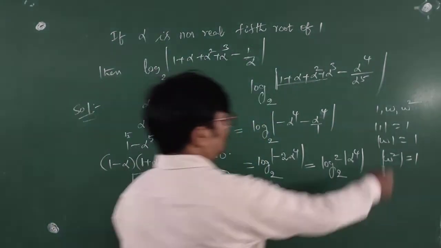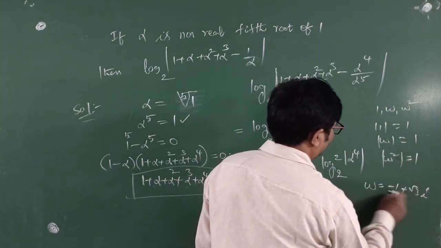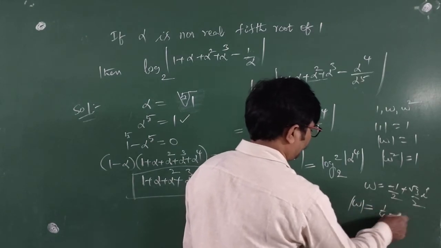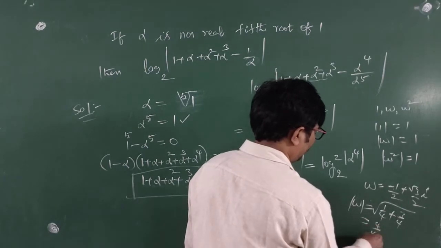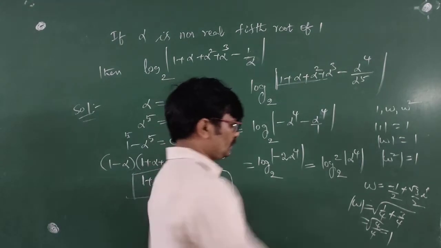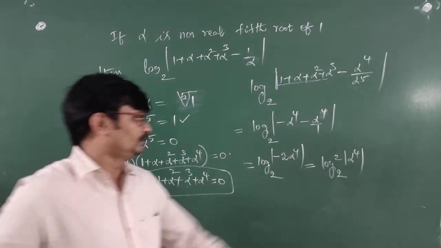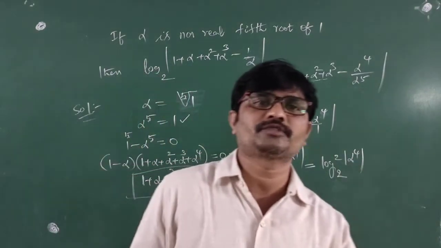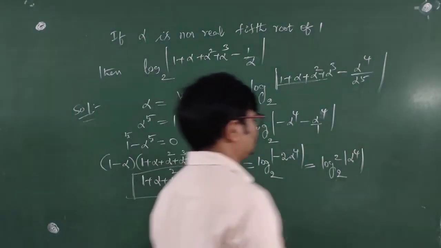Since omega is minus 1 plus root 3 i by 2, taking the mod gives 1 by 4 plus 3 by 4, and 4 by 4 undoubtedly is 1. Similarly here, what we observed is that the modulus of alpha power 4 must be the mod of alpha square, mod of alpha cube, mod of alpha power 4. Each and every modulus is 1.